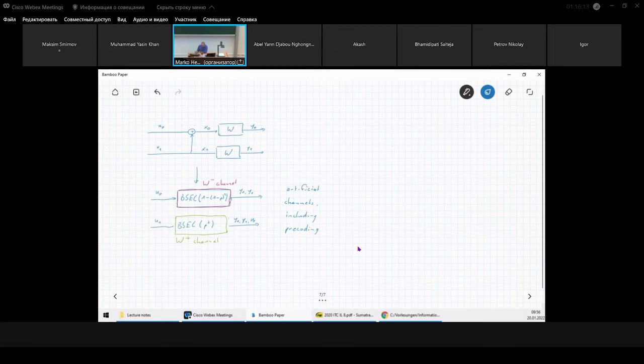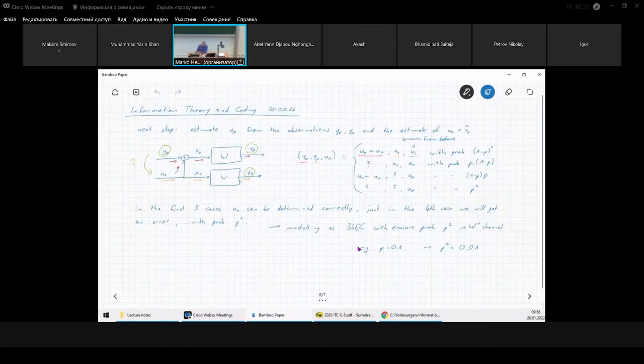For the W plus channel, I consider as channel output y0, y1, and u0. Those are the values I have available that I observe, and I use those values to determine the channel input u1. So don't be confused that u0 appears here. It's related to the fact that we use all three to determine it.